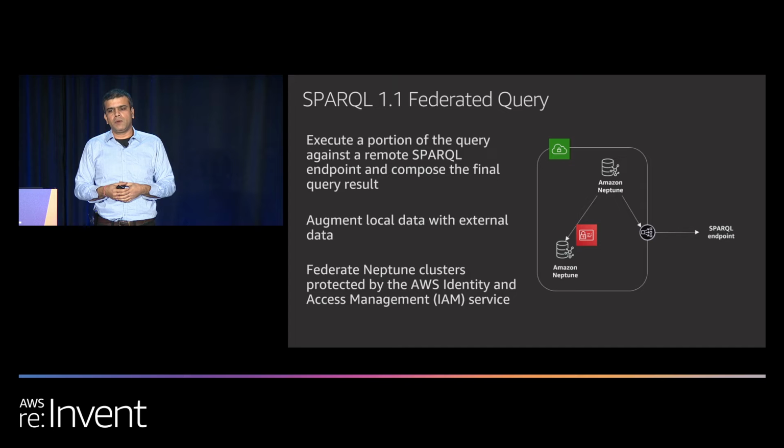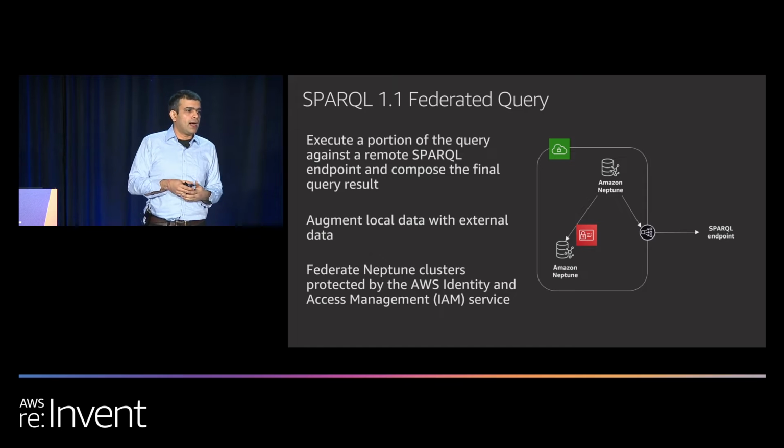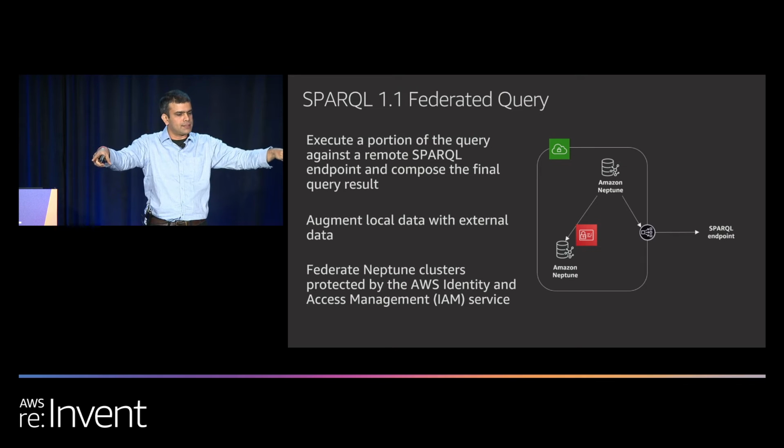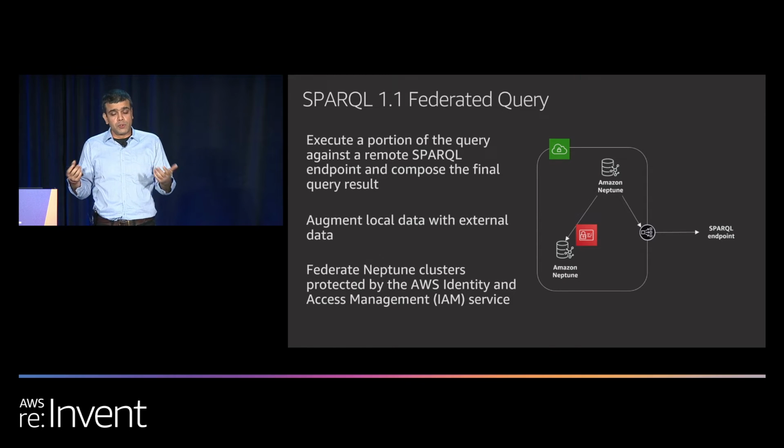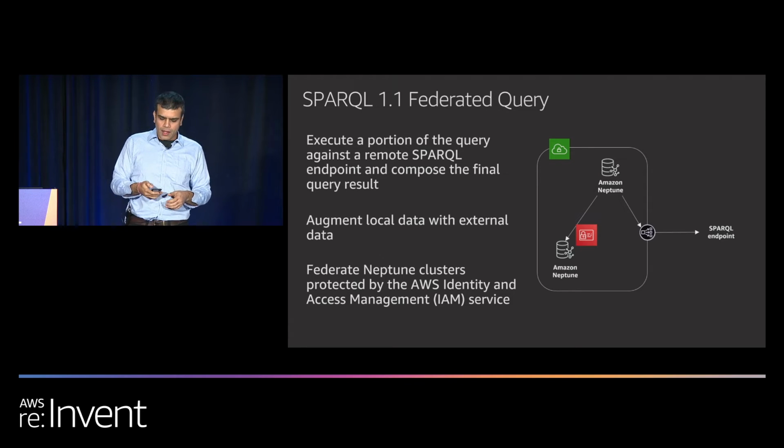A good use case would be where you have partitioned your data across multiple clusters, and we do have customers who do that. In this case, you can have a single Neptune cluster federate the query across the multiple other clusters, aggregate the results, and return them to the user. That's a pretty common use case. And you do have the choice of using IAM authentication that's provided with Neptune, and that's supported with federated query as well.